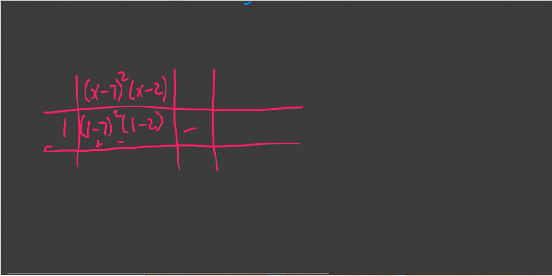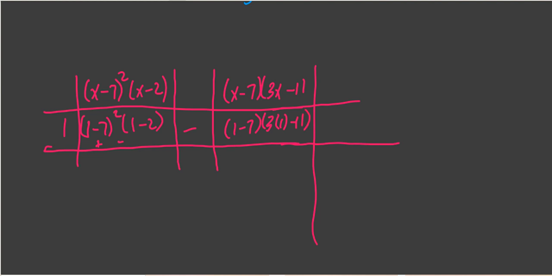Then let's use our second derivative as well. Our second derivative was x minus 7 times 3x minus 11. If we look at that, that is 1 minus 7 times 3 times 1 minus 11. So that's a negative times another negative, which gives us a positive.